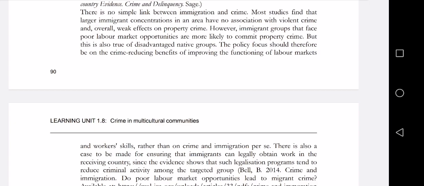But this is also a disadvantage for native groups. The policy focus should therefore be on crime reducing benefits of improving the functioning of labor markets and worker skills rather than on crime and immigration per se.